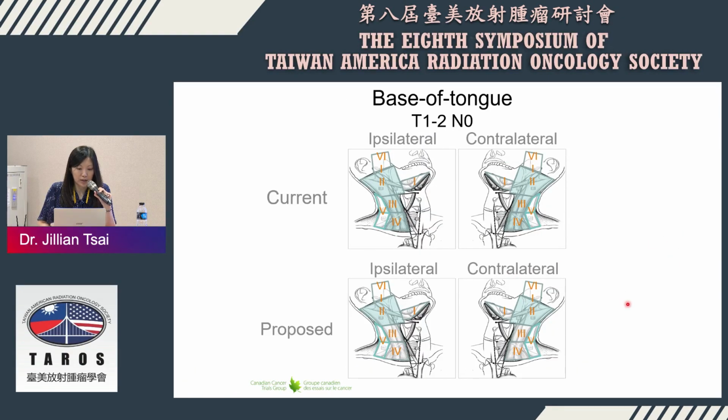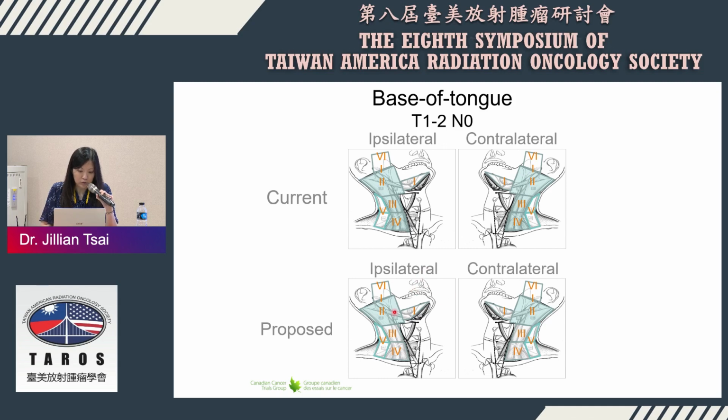There is an even more sparing approach right now for patients that perhaps, we don't need to treat all levels of lymph nodes. For example, our current approach, we mentioned levels 2 to 4, bilaterally and high RP.